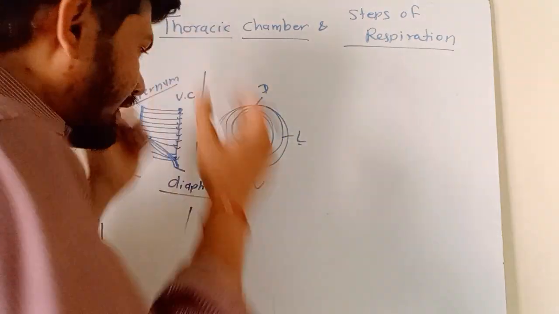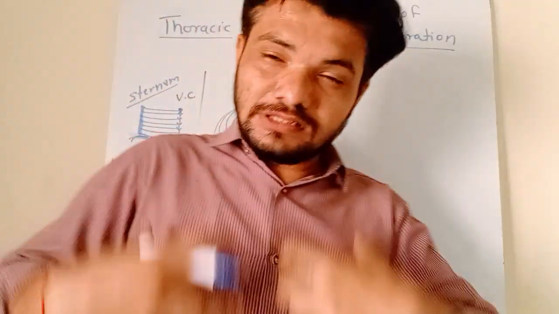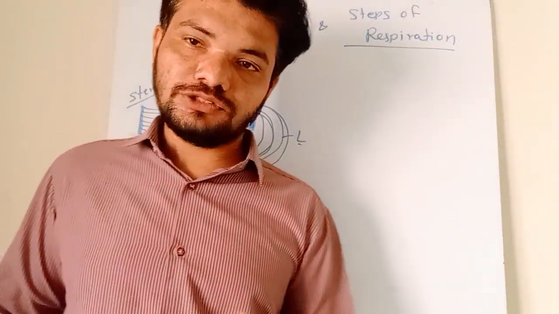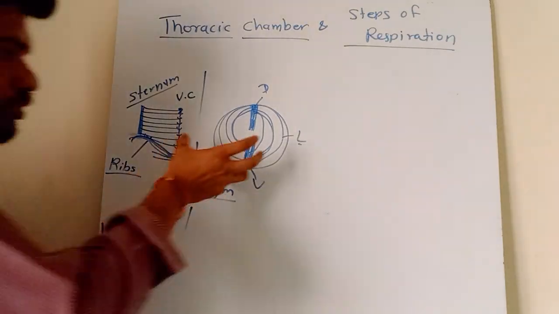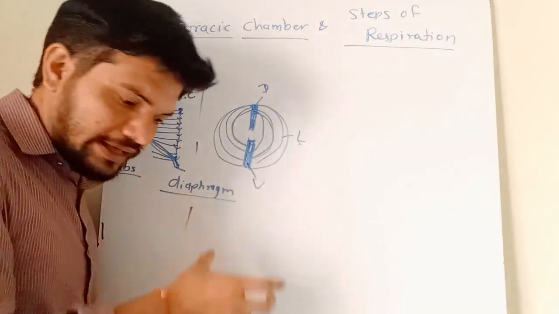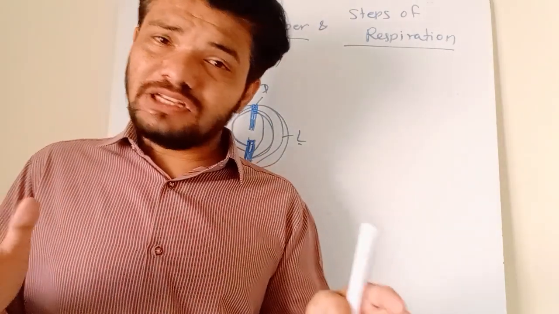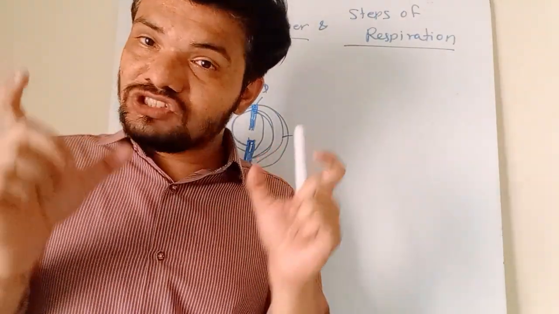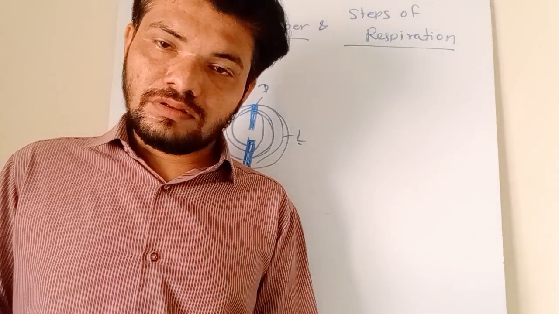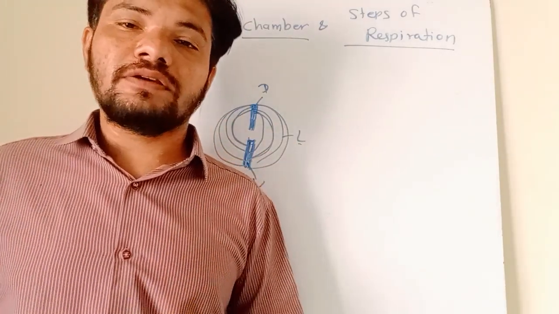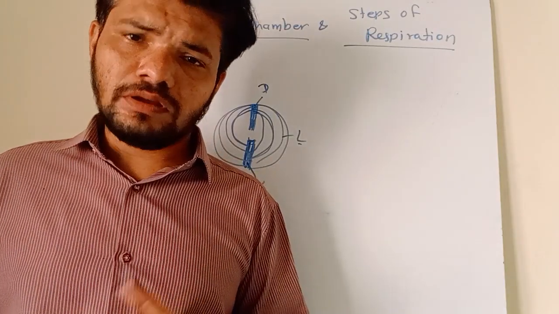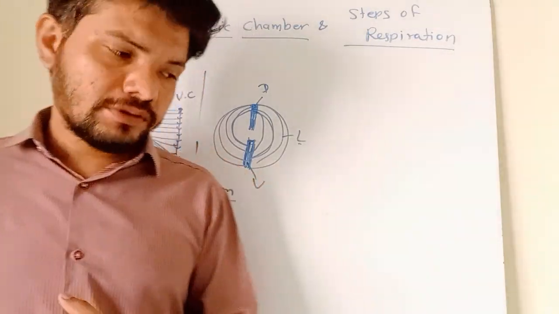And in between, in this thoracic chamber, your lungs are situated. Your lungs are situated in the thoracic chamber in such a way that any change in the thoracic chamber will reflect to your pulmonary cavity or lung cavity.